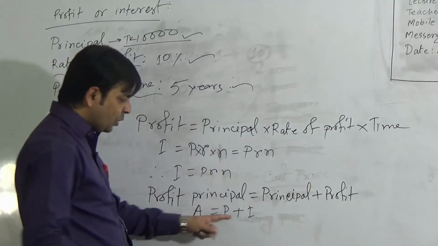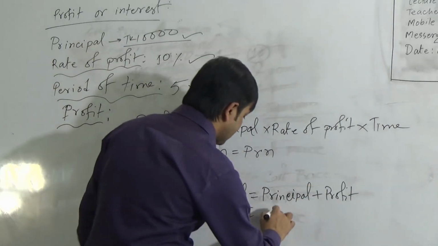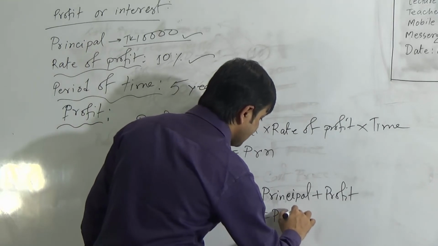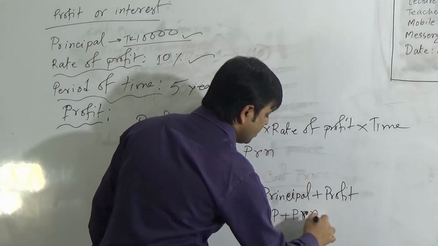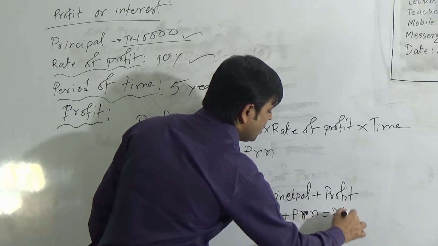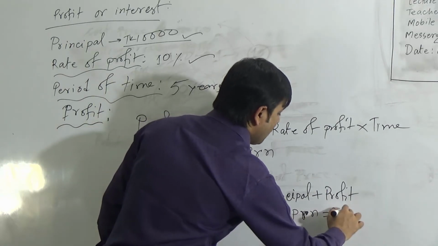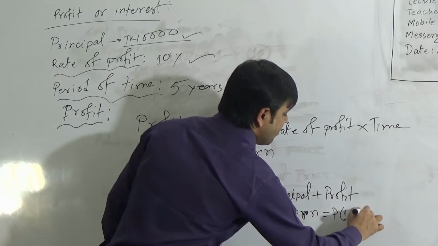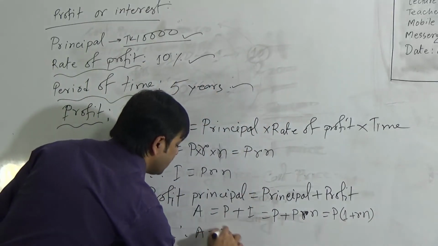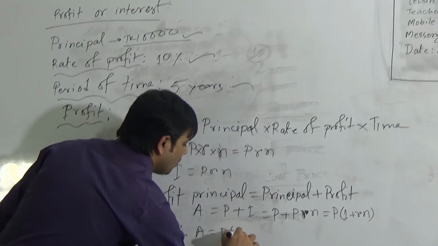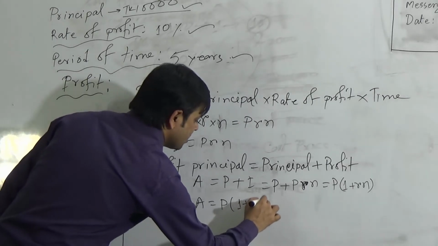Students, you know, I means PRN. So now take P as common. Then you will get 1 plus Rn. So we can write here profit principal equal to P into 1 plus Rn.